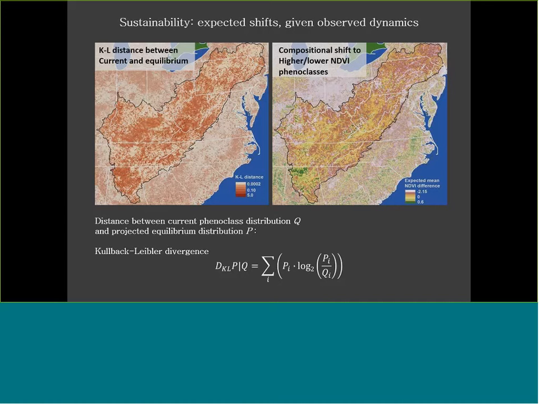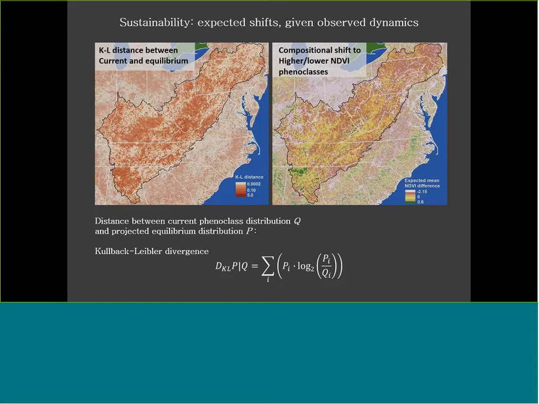So, for example, on the left-hand side, what we're looking at is areas that, given the kinds of dynamics we've already observed over the past 15 years, these are places in darker red that show if we continue to observe those kinds of dynamics, we expect long-term shifts in the kinds of dynamics that we're seeing from current states into new states.